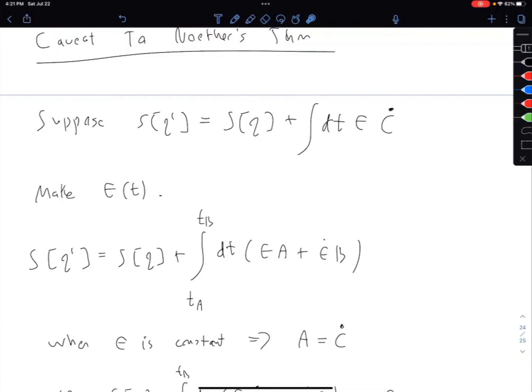Okay, cool. So that's where we'll leave off for now. Sorry that today's lecture was not on exactly what I said it would be, but hopefully people still got something out of it, because Noether's theorem is very powerful, and I think I really showed you every aspect of it here.